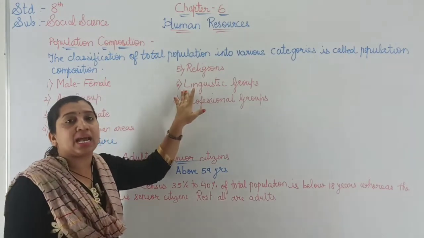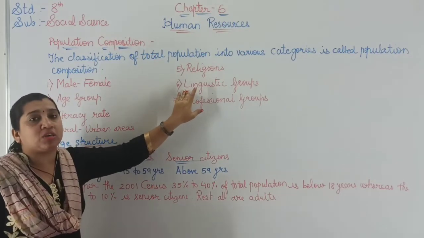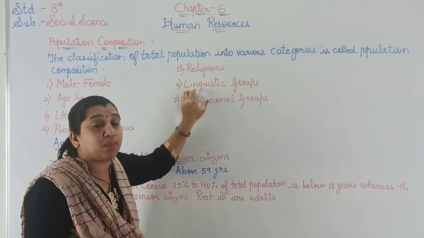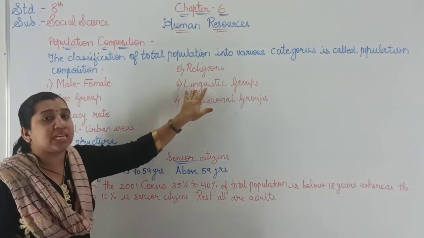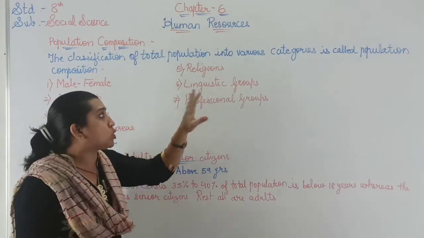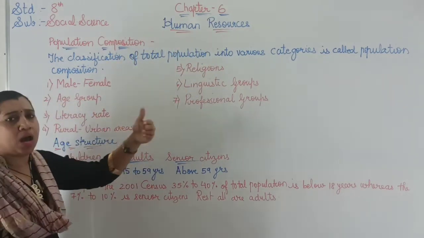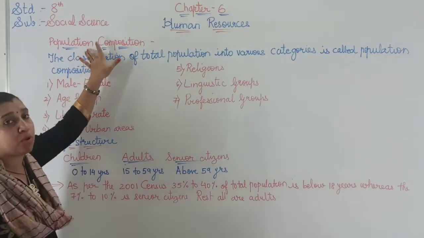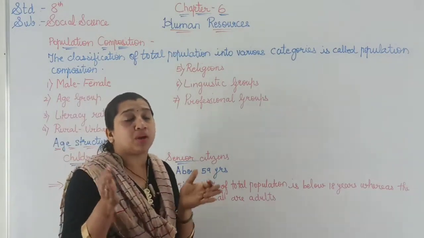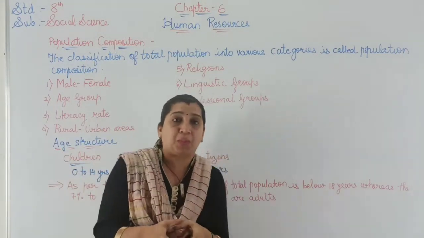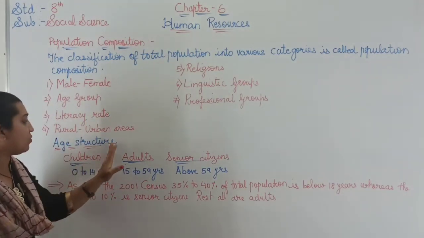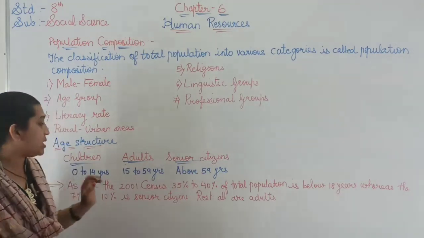In our country, India, there are many languages, and Gujarat is also established on the basis of linguistic, that means language. And the seventh is the professional group. So these seven and more make up the population composition. Now the age structure: after counting the total population, the population is divided into three categories, that is children, adults, and senior citizens.